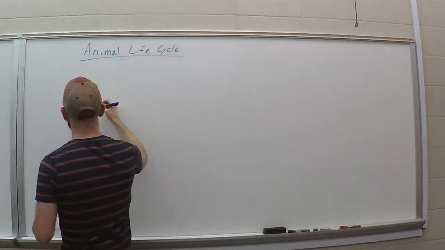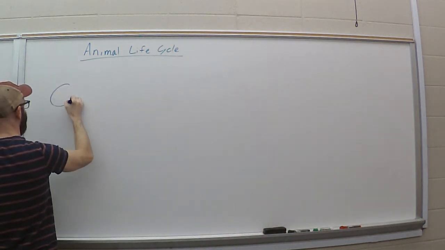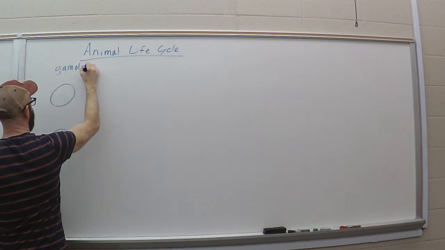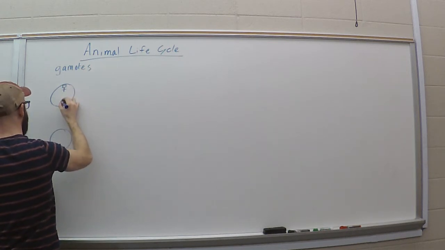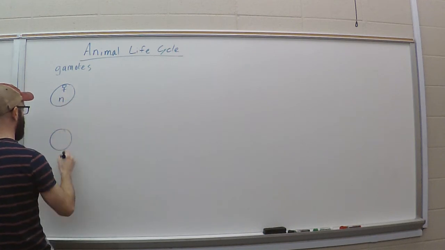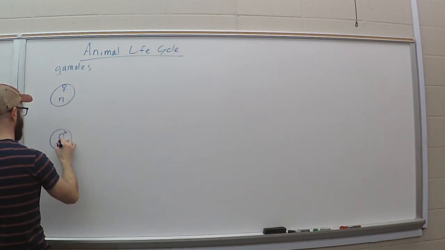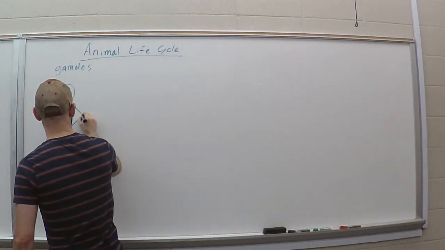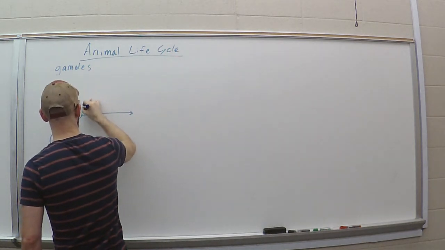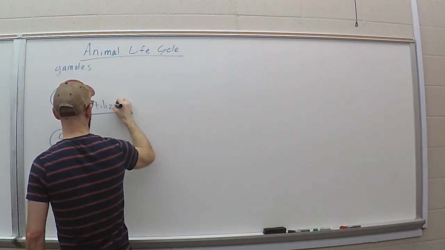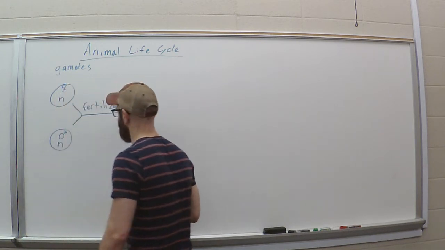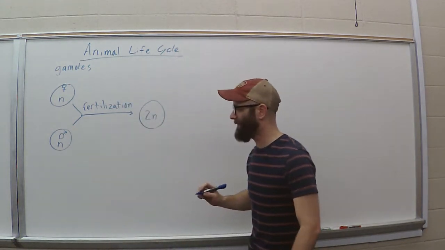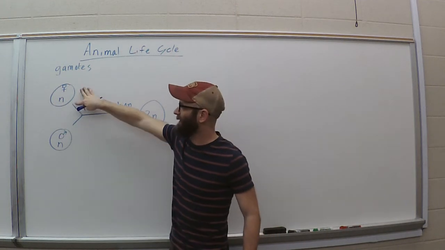Right? So just to summarize all that, you start with gametes. You got a female gamete, which is haploid, and a male gamete, which is also haploid. They combine together in a process called fertilization to make a single diploid cell. So you get a set of chromosomes here and a set of chromosomes here.